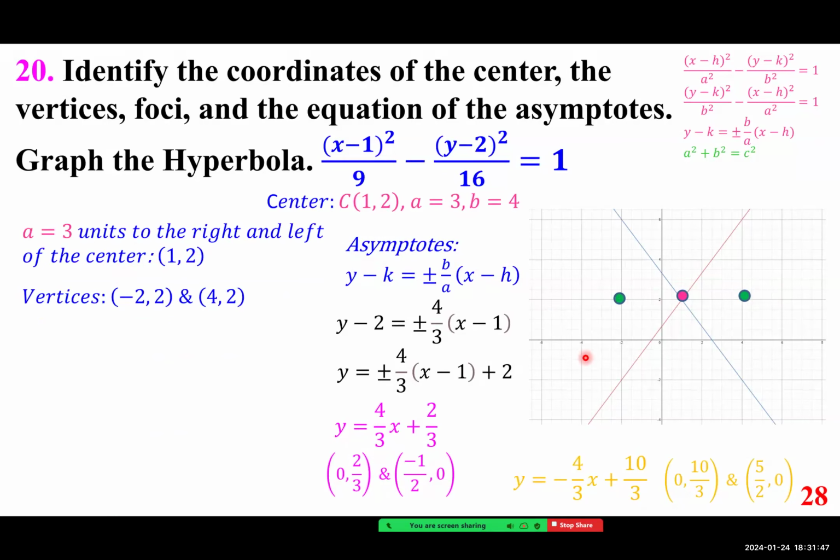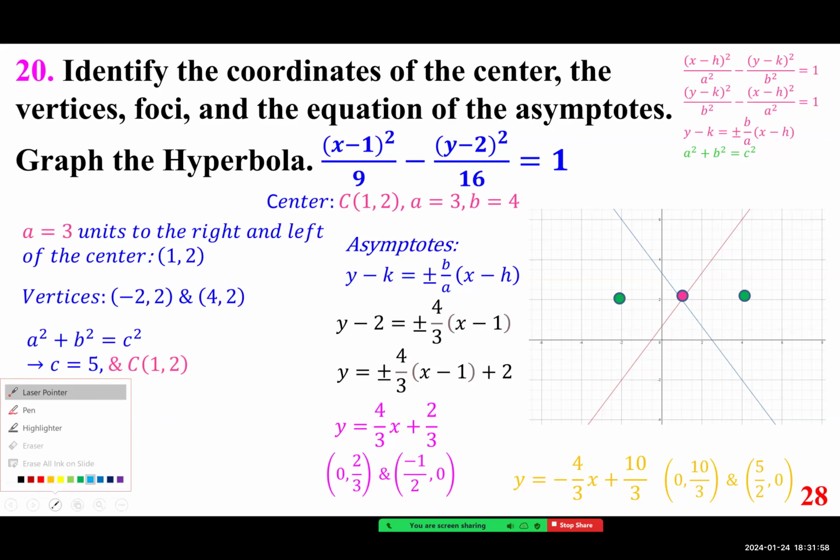Of course, practically, you're ready to graph it. That's good enough. But a squared plus b squared equals c squared, and c becomes 5 because this is 3 squared plus 4 squared, 9 and 16 is 25, so c becomes 5. And so if c is 5, we go 5 units to the right and left of the center.